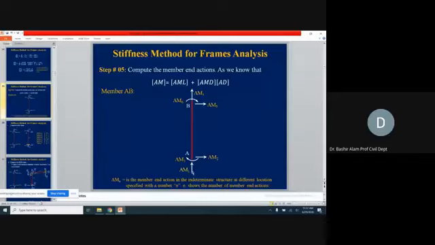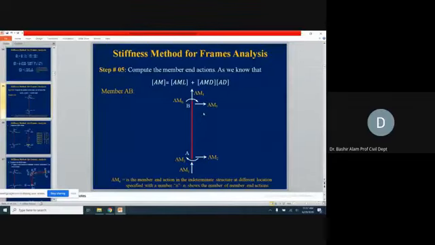Here, vertical is AM1, to the right is AM2, and the moment, clockwise, is AM3. At joint B, AM4 is again vertical, followed by AM5 horizontal, and then the moment. Again, upward, rightward, and clockwise are positive.